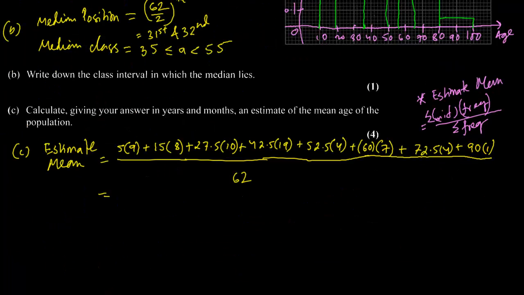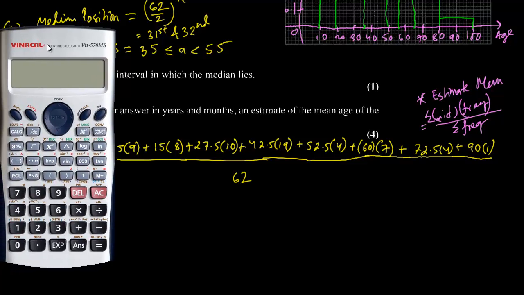Now let's do the entire calculation. 5 into 9 plus 15 into 8 plus 27.5 into 10 plus 42.5 into 19 plus 52.5 into 4 plus 60 into 7 plus 72.5 into 4 plus 90 into 1.